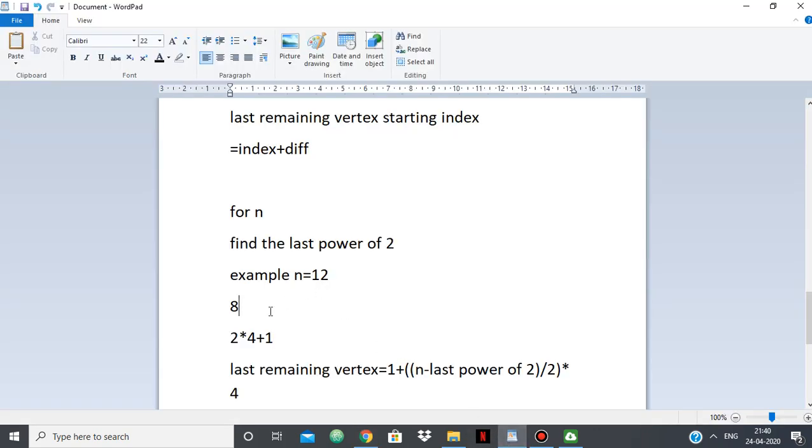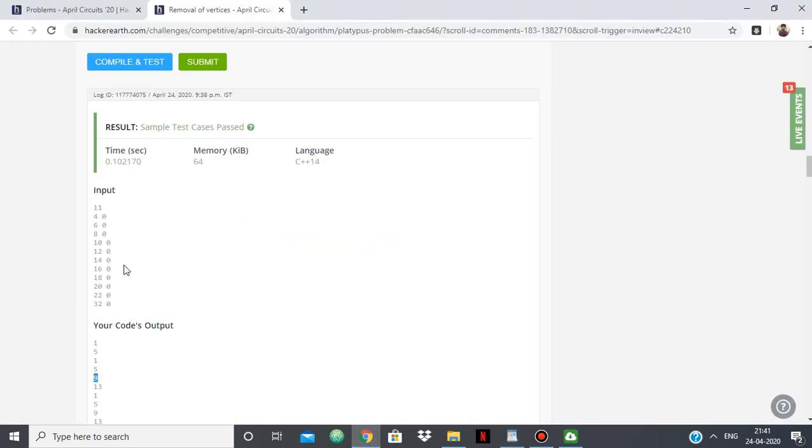And if I take this as 6, the last remaining vertex for 12 will be 9, and for 14 it will be 13.